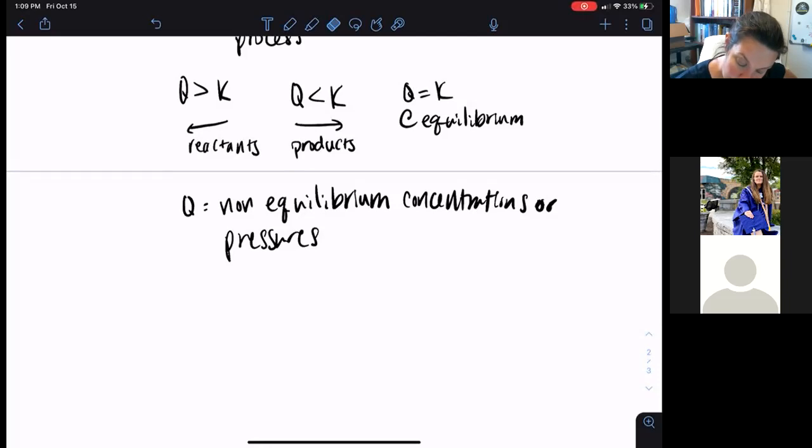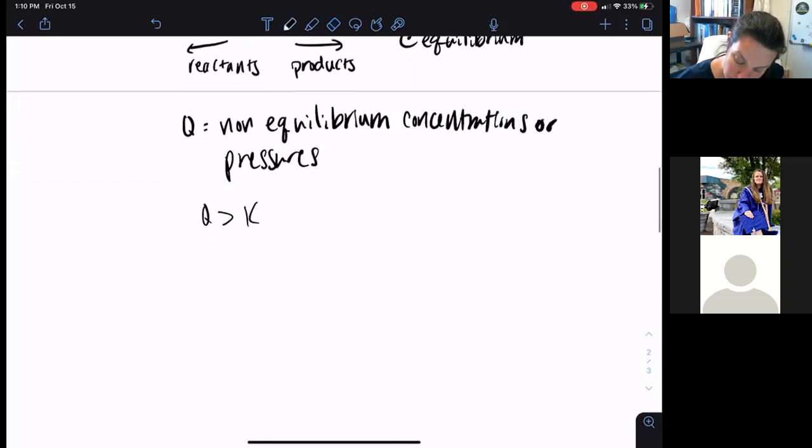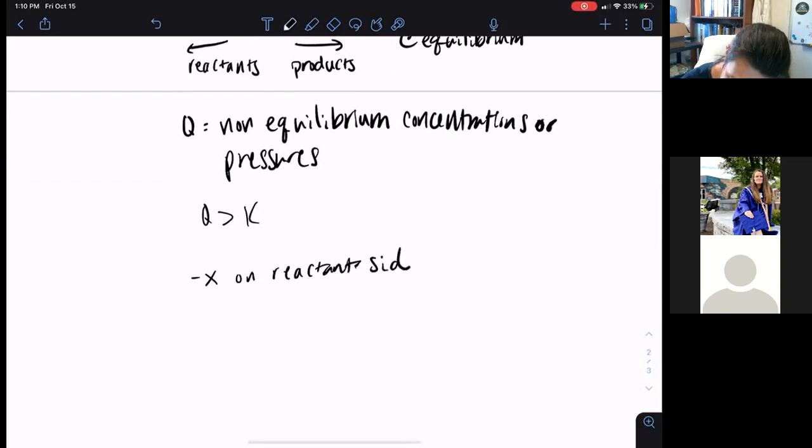If we do have a Q that is greater than K, we will have negative x on the product side in an ICE table.